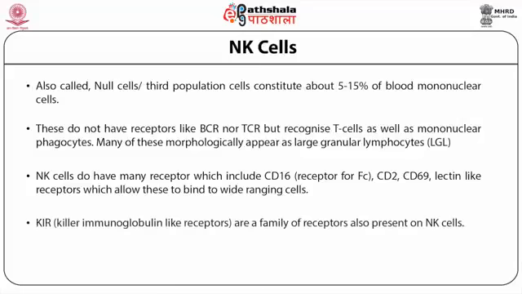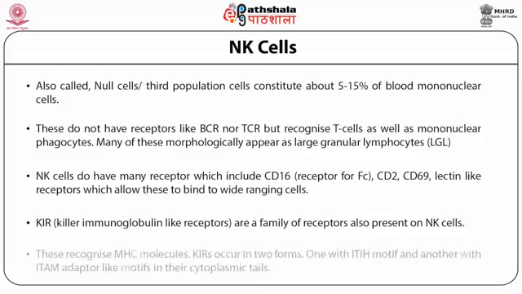Killer immunoglobulin-like receptors called KIR are a family of receptors which are also present on NK cells. These recognize MHC molecules. Killer immunoglobulin-like receptors occur in two forms, one with the ITIM motif and another with the ITAM adapter-like motifs in their cytoplasmic tails.